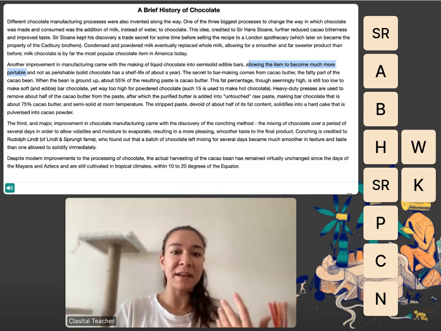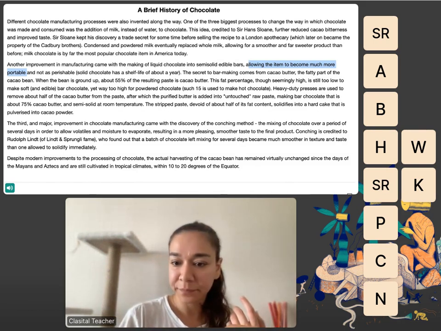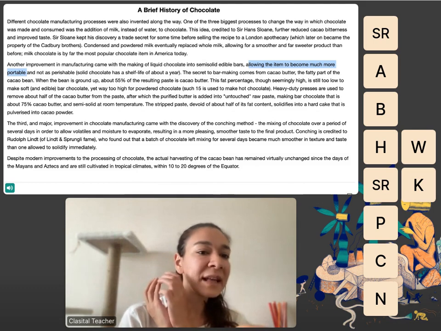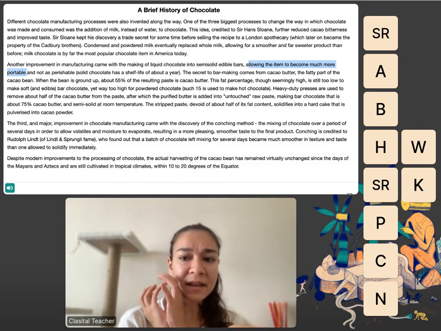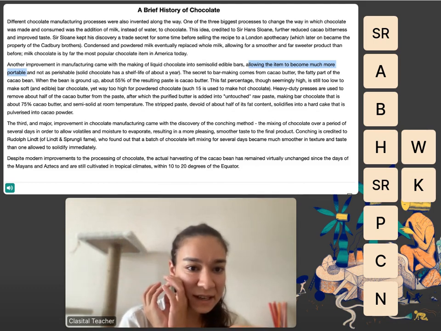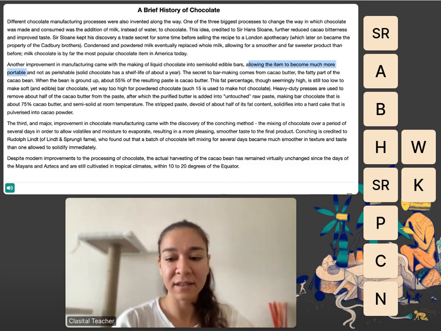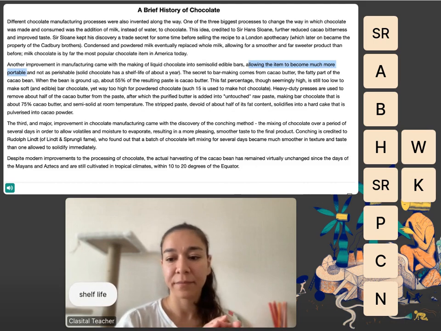So it makes it convenient to carry because it is portable and not as perishable. And it says increased, has a shelf life of about a year. So my answer is shelf life.